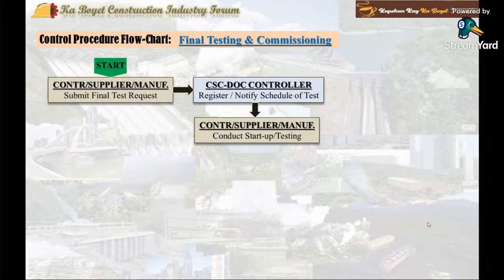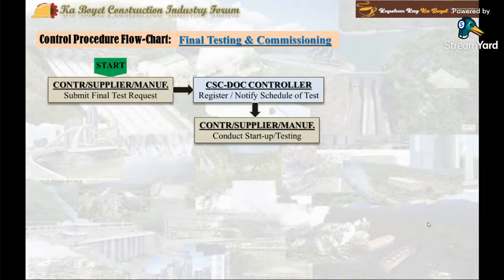On the date of the testing, the contractor conducts the startup and testing per agreed final testing and commissioning method statement and submits the test report to the consultant, and copy furnishes the project architect and the designer for review and approval.